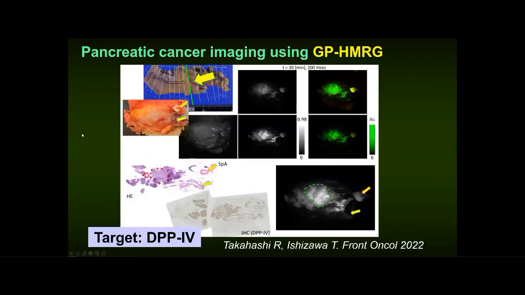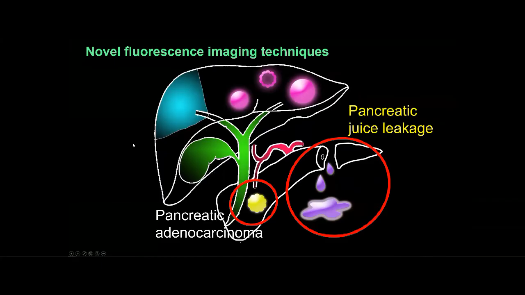And recently, we identified the pancreatic cancer specific probe named GPHMRG with the use of the library of the enzyme activatable probe. And let's see the pancreatic juice imaging.